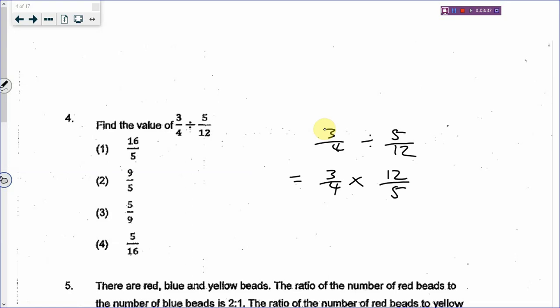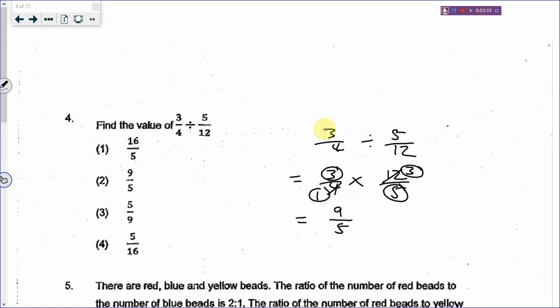Then you cancel. Divide by 4 and cancel, divide by 4, and then you will get 3 times 3. Whatever you cannot cancel, you circle. You will get 9, and then 1 times 5 will be your 5.